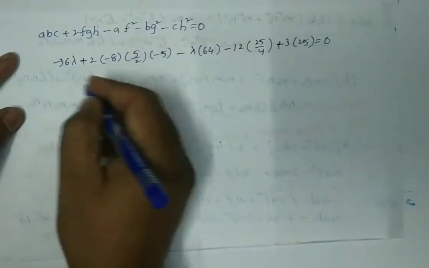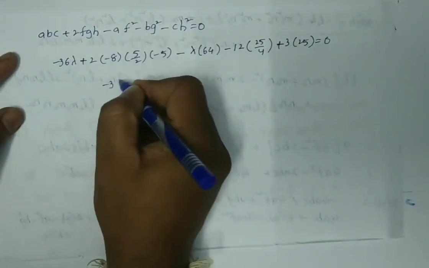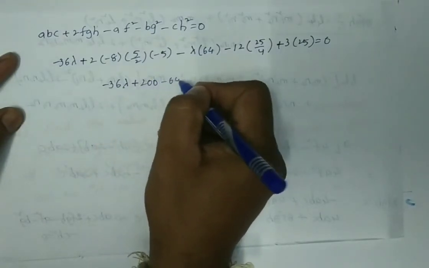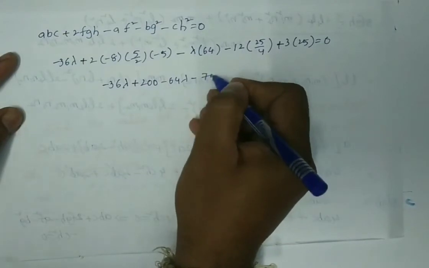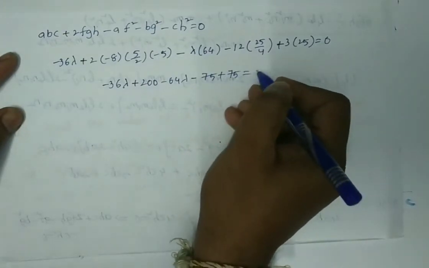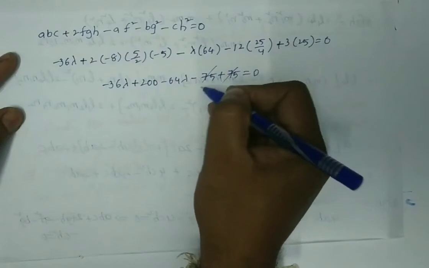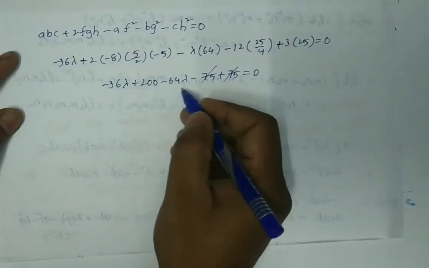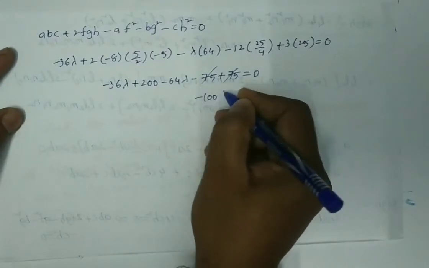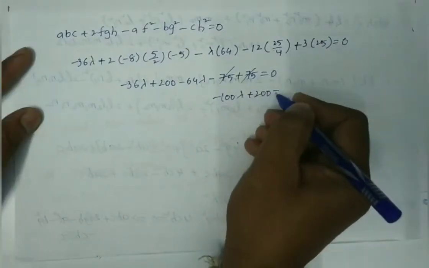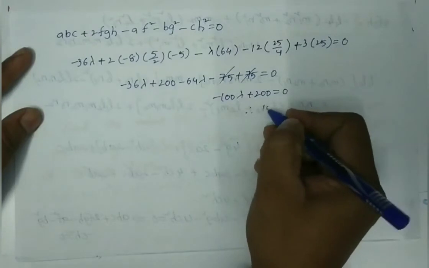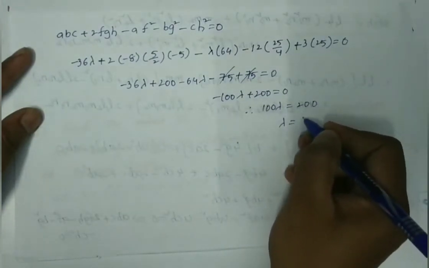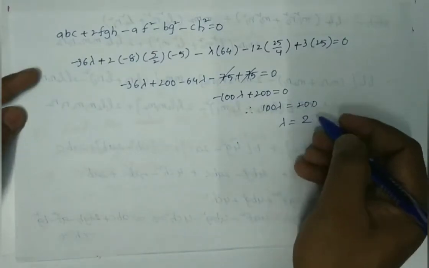By simplifying this equation we get -36 lambda plus 200 minus 64 lambda minus 75 plus 75 is equal to 0. Here plus 75 minus 75 get cancelled. So finally we get -36 lambda minus 64 lambda minus 100 lambda plus 200 is equal to 0. Therefore 100 lambda is equal to 100. Therefore lambda is equal to 2.